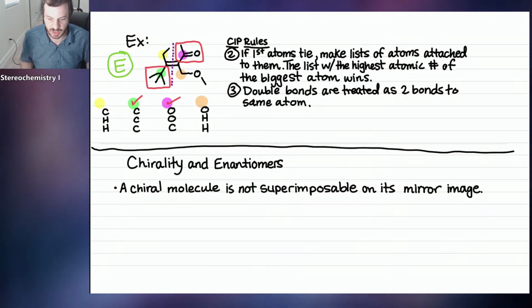The word chiral comes from the Greek kyros, meaning hand. So chiral means like a hand.